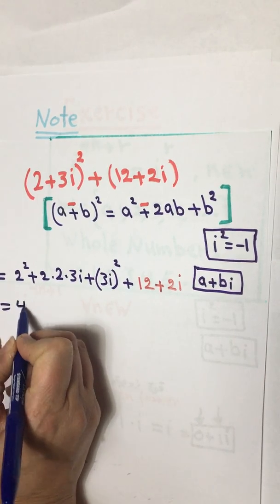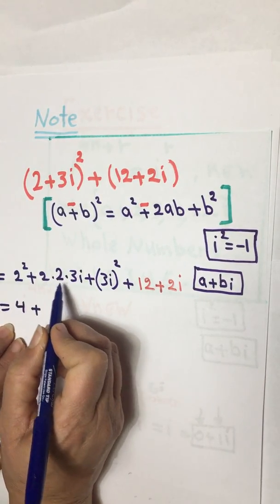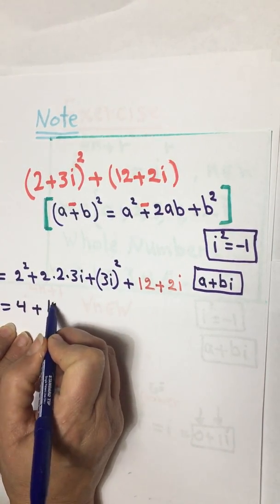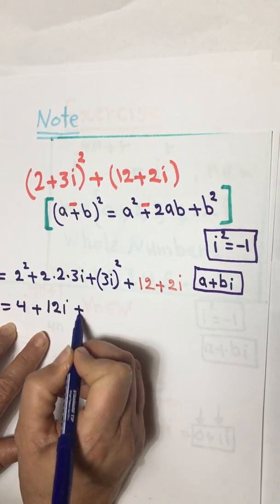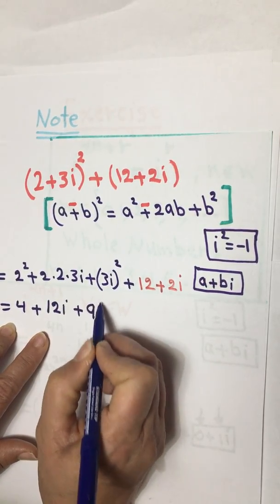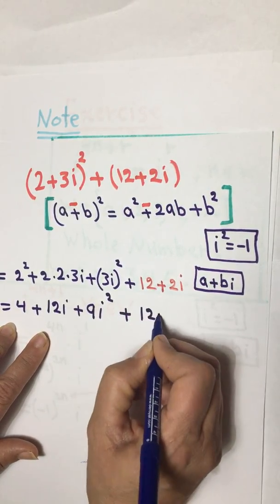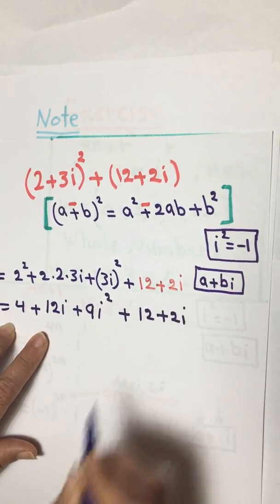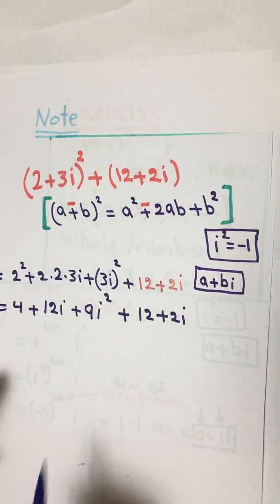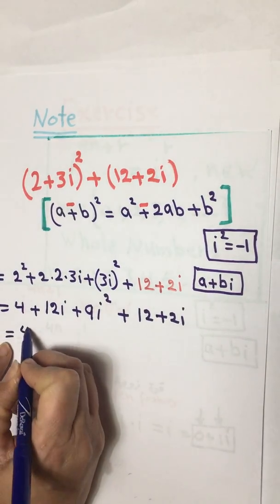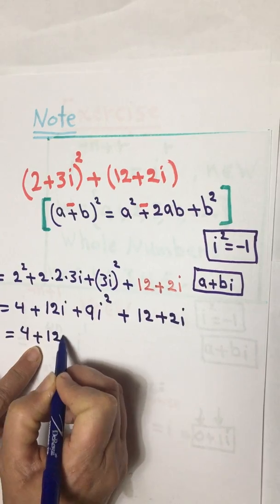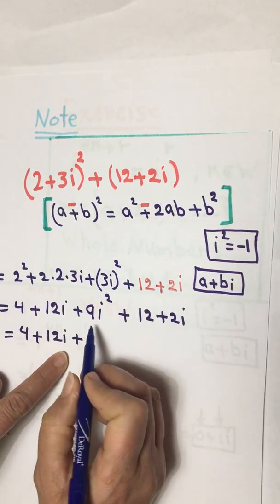2 squared is 4 plus 2 times 2 times 3, 12I, plus 9I squared, plus I'm gonna put this part down, 12 plus 2I. So equals 4 plus 12I plus 9I squared.